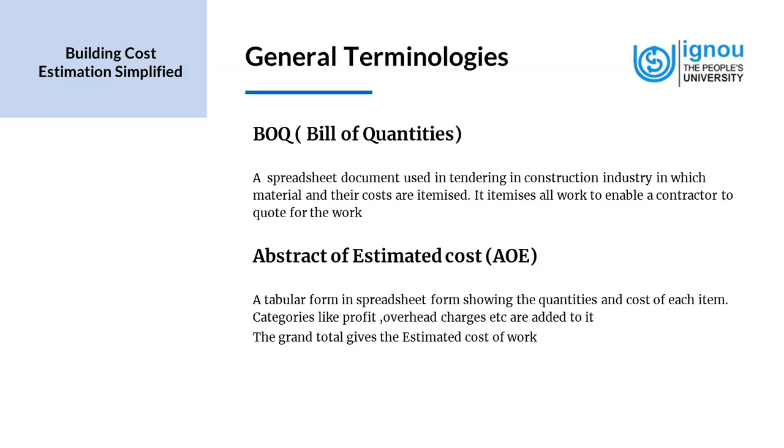The grand total of all this, the abstract of estimated cost and the other charges, together becomes the estimate of the particular project. Now the difference between the two is that in the abstract of estimated cost, we also add the rates, and this is a part of the estimate, as in it gives a cost value.